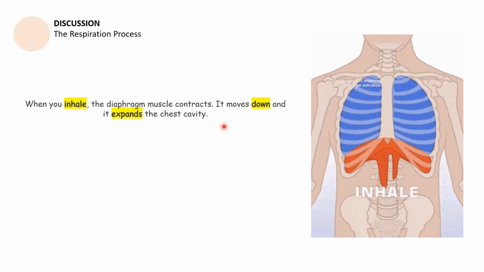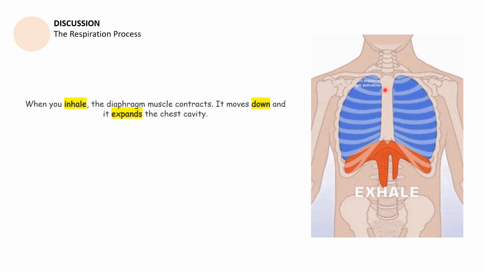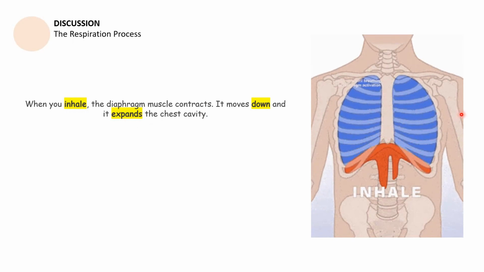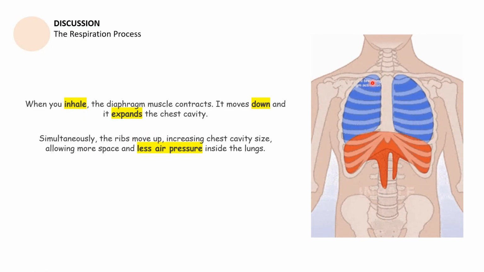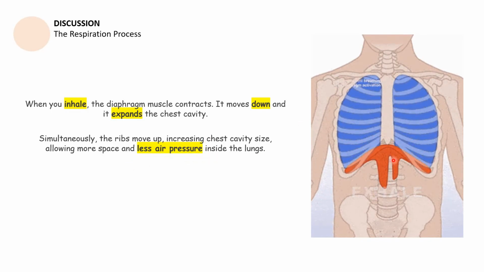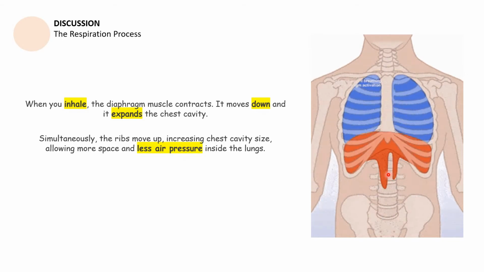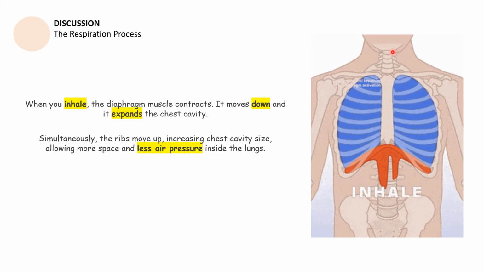Okay, because of that movement, the chest cavity, this entire part of your body, the chest area, is expanding. Lumalaki. Now, it is expanding because the ribs are moving up. Okay, and then it creates less air pressure inside the lungs. So when you inhale you are taking in, of course, air.